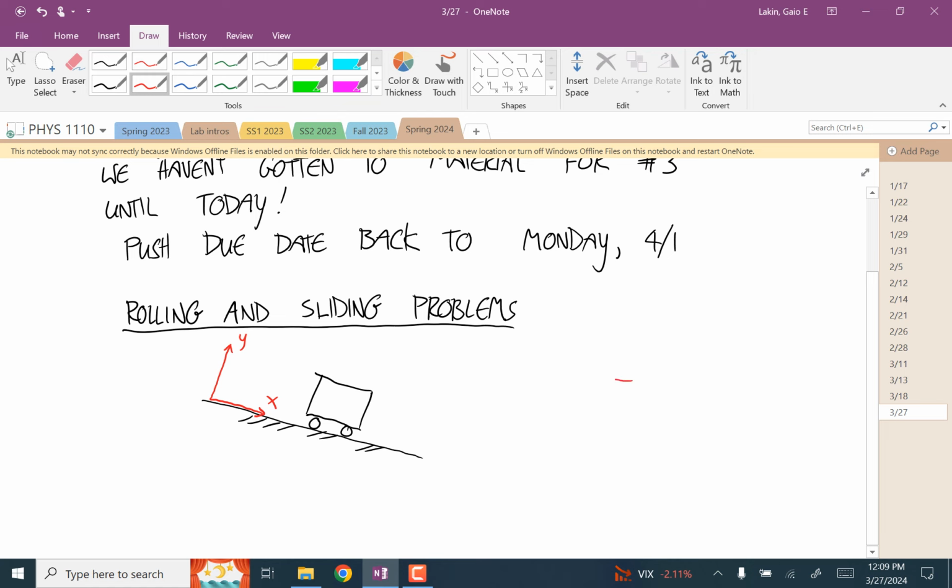Okay, so like if you start with a coordinate system like this, no matter how much you rotate it, you could never make the y-axis go up and the x-axis go like this. You would have to flip it at some point to make that happen, okay? So that's why the x-axis has to point along the incline. And so the rules are the y-axis points directly out of the surface.